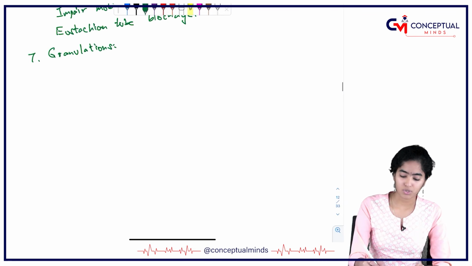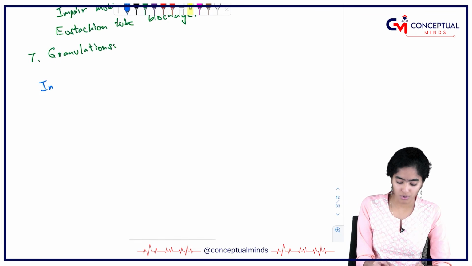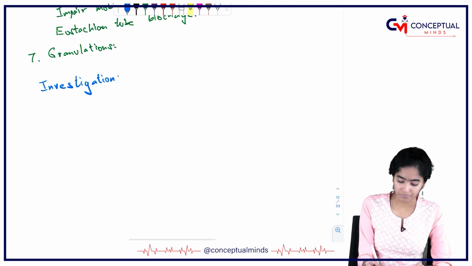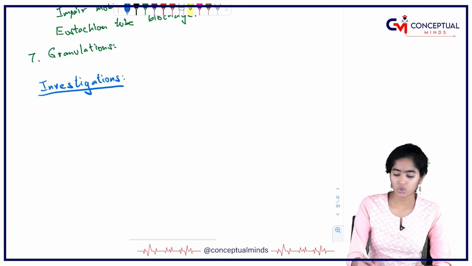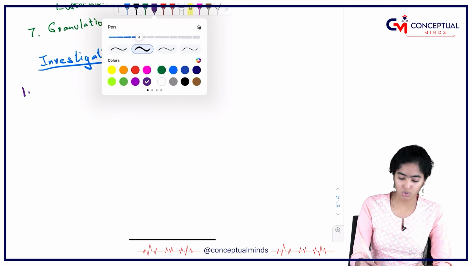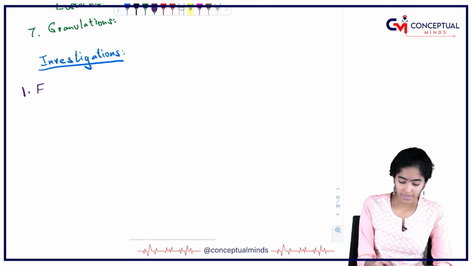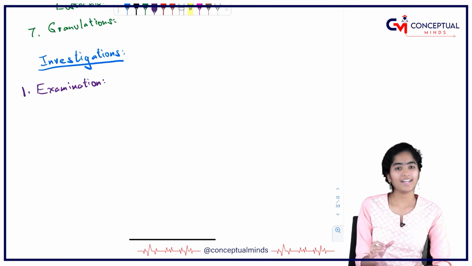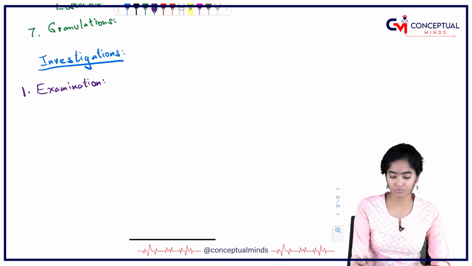Now let us come to the investigations of a tubotympanic type of CSOM. So in investigations again, the first part is examination under a microscope. Our clinical examination becomes the first investigation. And while examining, what all should we look for?